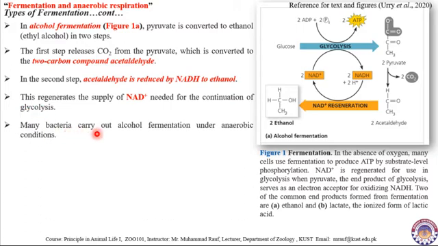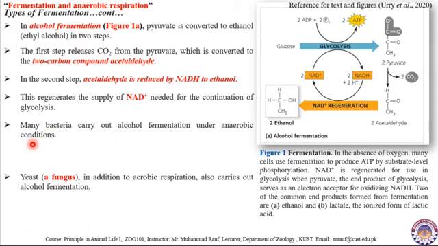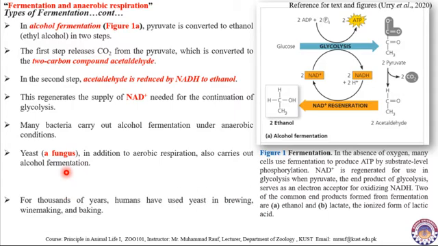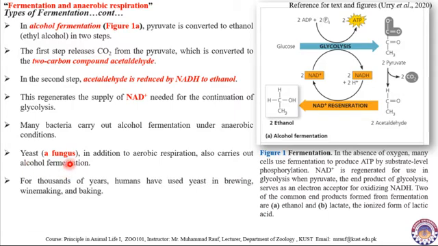Many bacteria carry out alcohol fermentation under anaerobic conditions. Yeast, which is a fungus, in addition to aerobic respiration, also carries out alcohol fermentation. Of course, alcohol fermentation will take place when there is no oxygen supply. Now, for thousands of years, humans have used yeast in brewing, wine making, and baking.